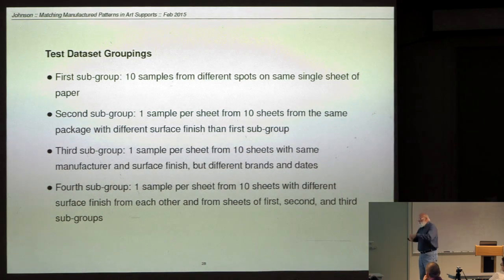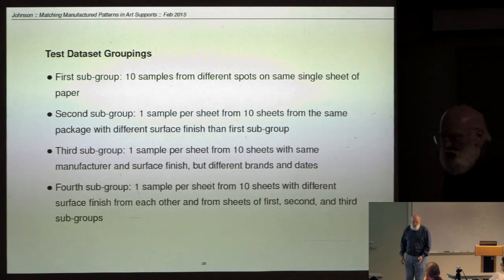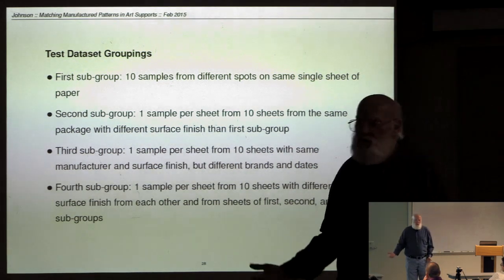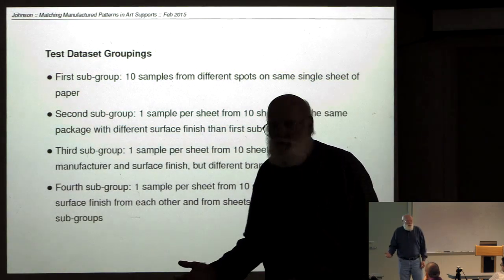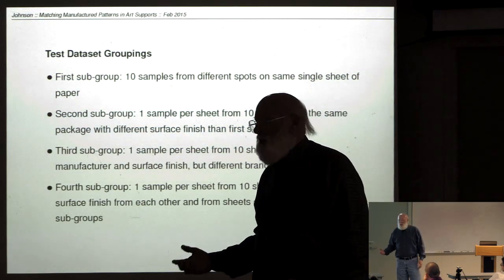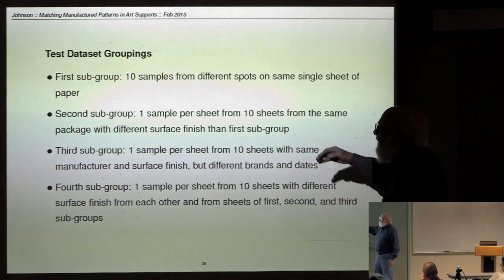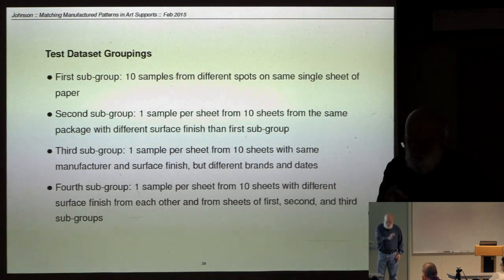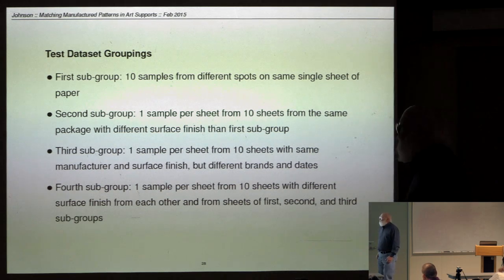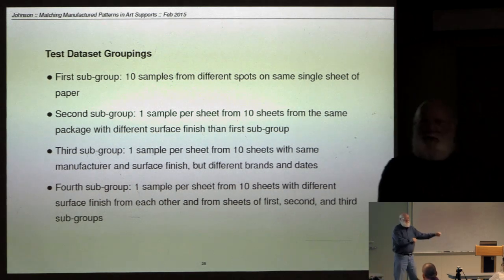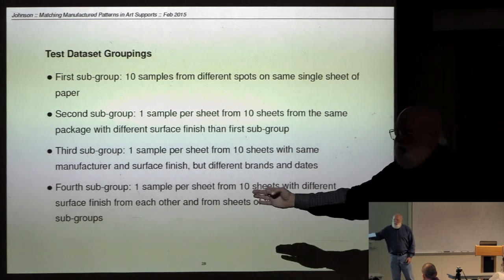So from this data set that was collected by buying stuff on eBay, I finally convinced them. I said, I don't even believe that two spots from the same piece of paper are going to look the same. Convince me. So we ended up convincing them to take a really special set of data: 10 samples from one piece of paper. Then we took 10 sheets out of the same box and took one sample from each of those.